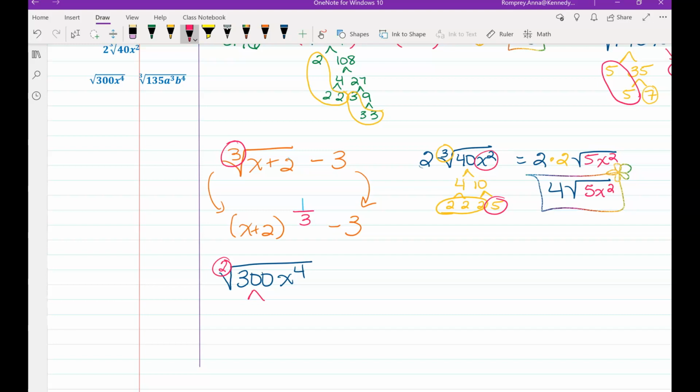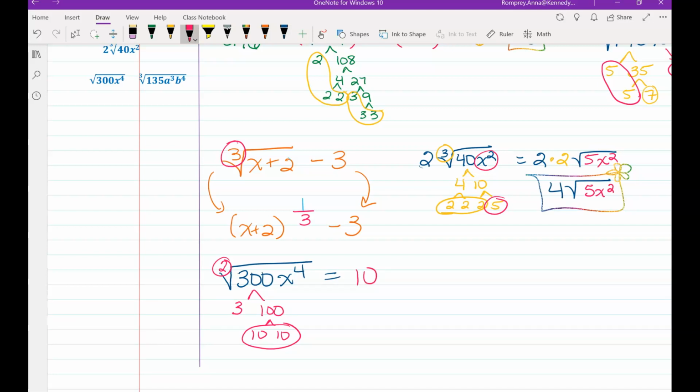But I can think of something bigger. 3 and 100. There are many options here, and they'll all work. Why did I choose that? Because I know 100 is special. 100 is a perfect square, 10 times 10. Because I'm looking for groups of 2, and I found one, the 10 comes out.